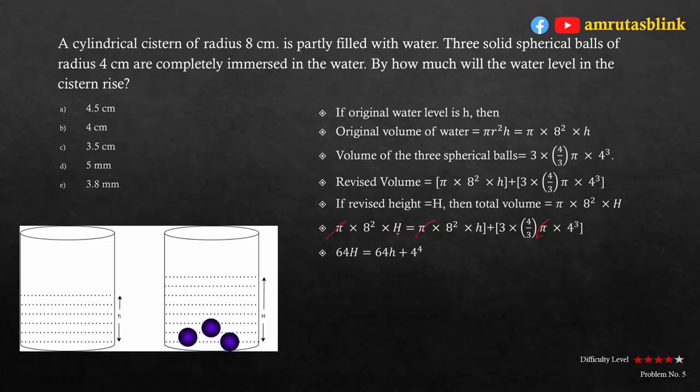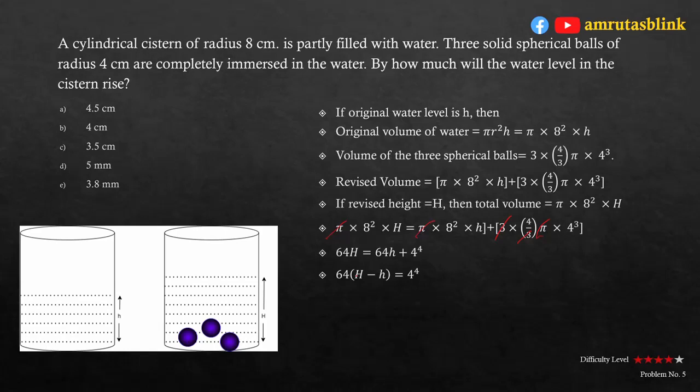This pi we can cancel from all the terms. So 8 square into capital H, that is 64 capital H, is equal to 8 square into small h, that is 64h, plus this 3 and 3 get cancelled. So you have 4 raised to 3 into 4, that is 4 raised to 4. So 64 capital H is equal to 64 small h plus 4 raised to 4.